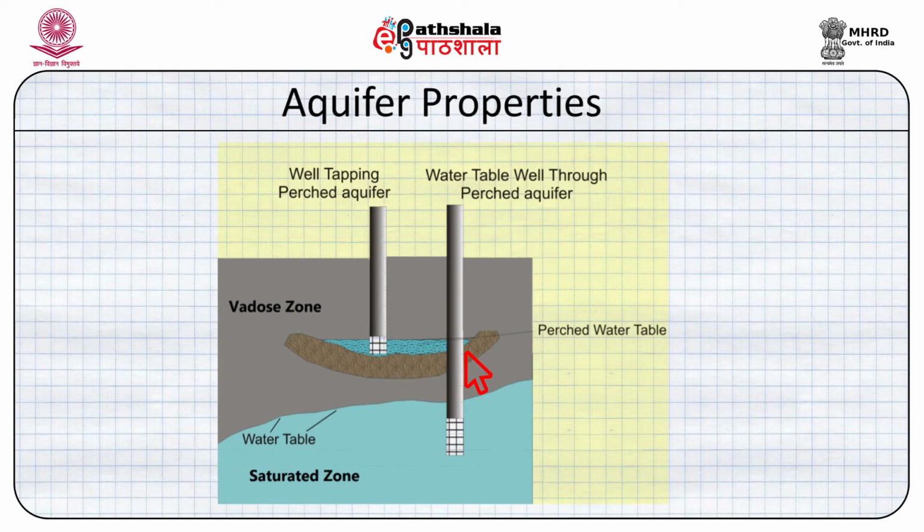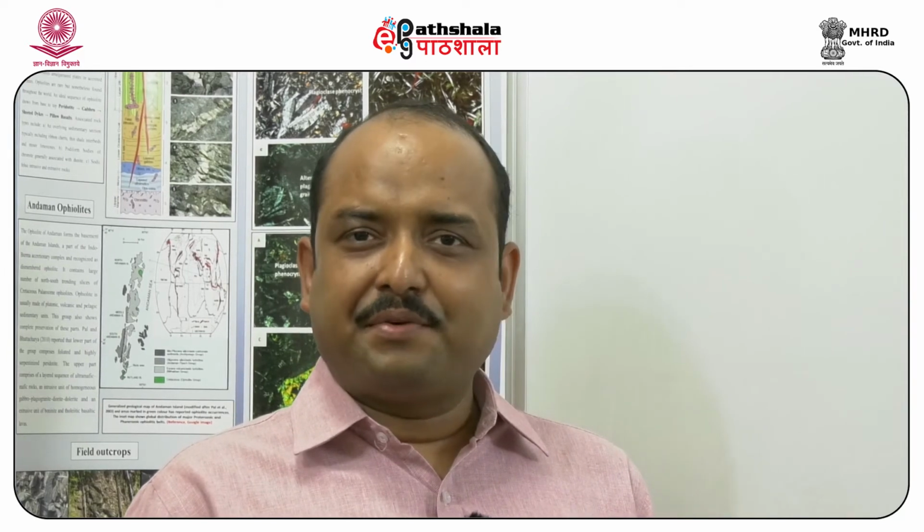Now, when the water is infiltrating and percolating, it gets accumulated in this crescent shaped clay body, creates a local saturation, and that is the perched water table shown there. Further, when you drill a well, you should puncture this and go to the main water body below the water table. Okay, by now you are familiar with types of aquifer.